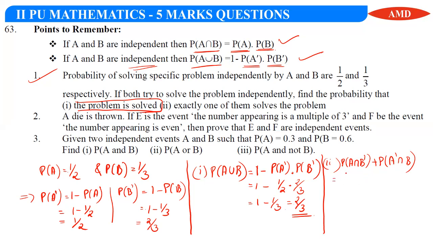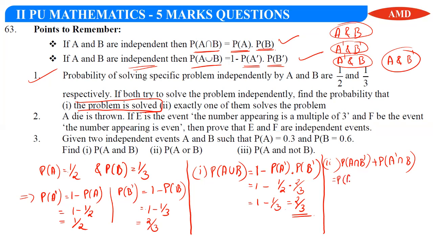Now, since A and B are independent events here, whenever A and B are independent, so are A dash and B dash, or A dash and B, and A and B dash. All of these events are independent only. So here A and B dash also must be independent.